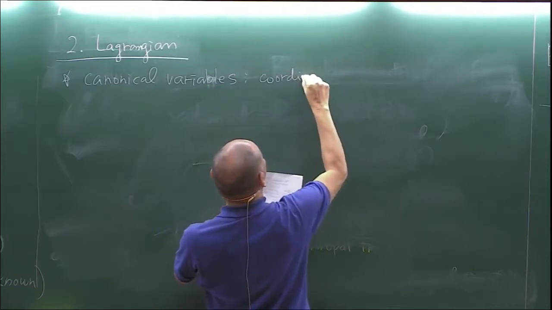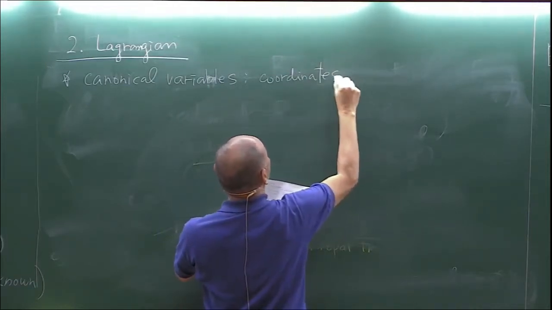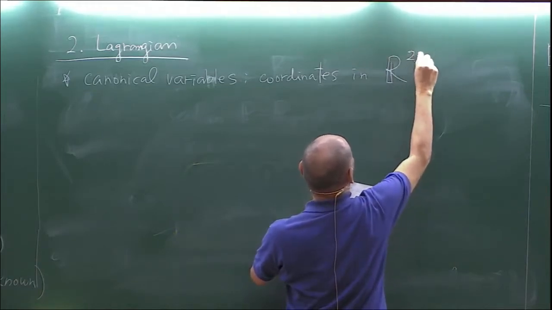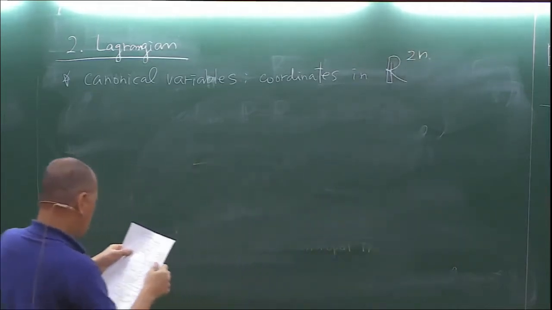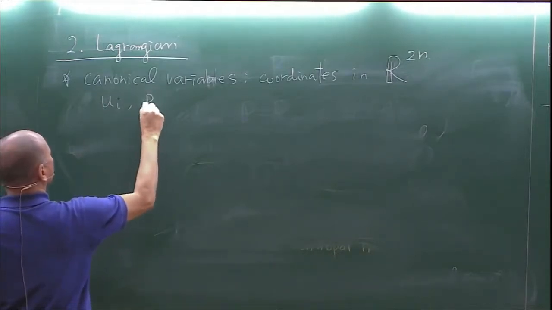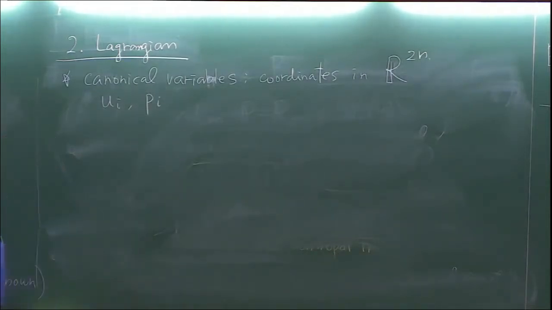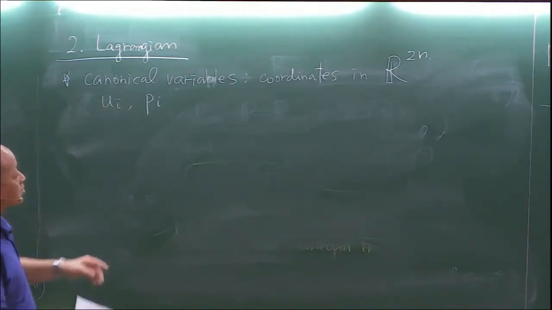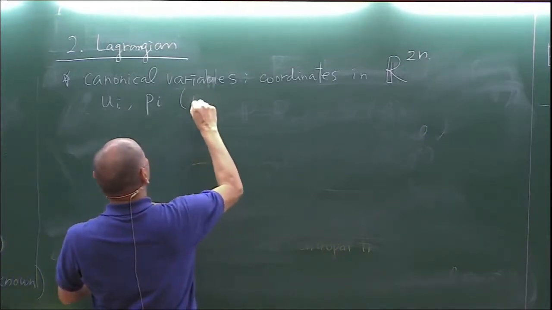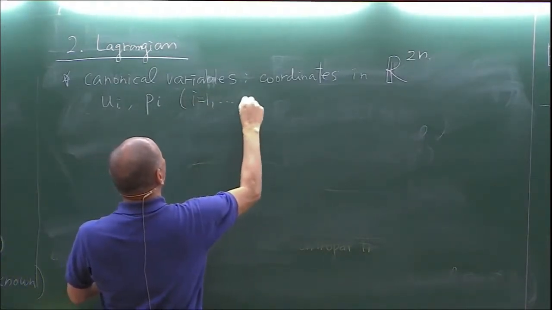So the degrees of freedom are now doubled to 2n, and it is a pair of n-tuples of variables. In my context, usually it is x and p, but x is for cluster variables, so I changed to u_i and p_i.